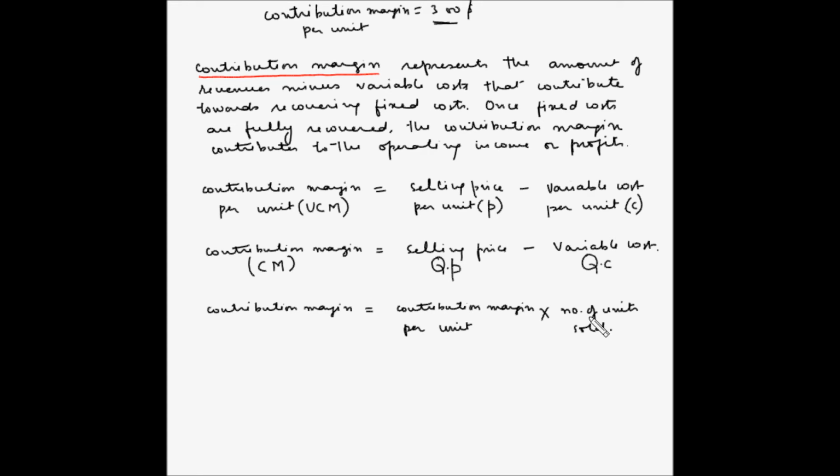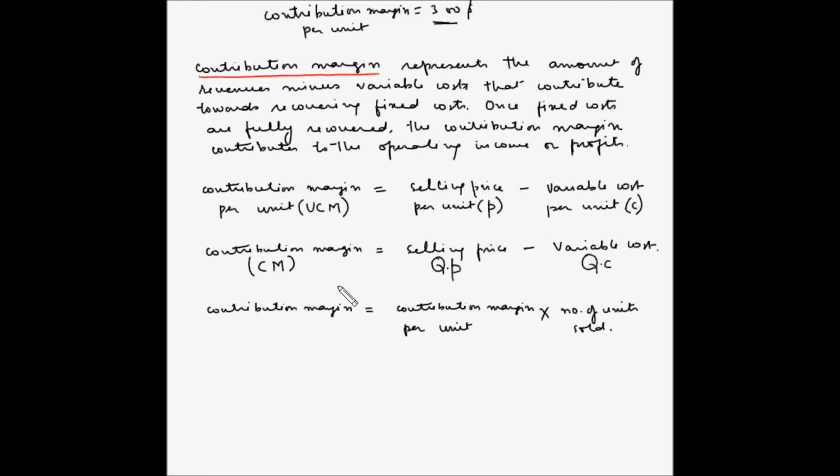Now this is the number of units sold, not the number of units produced, because the contribution will be coming only out of the total revenue, that is how much we have sold and what is the revenue that we have received after selling those units. Now this is the contribution margin per unit, that is in the absolute rupee terms.